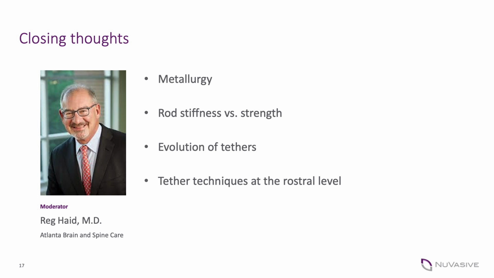And again, you can diminish that stiffness based upon diameter and material. Zach also talked about PEEK rods. We've used PEEK rods for years, and we designed PEEK rods used in Europe now for lumbar areas. And the PEEK rods have not panned out as much as people like. So it's an interesting concept, but clinically it's just not panned out.